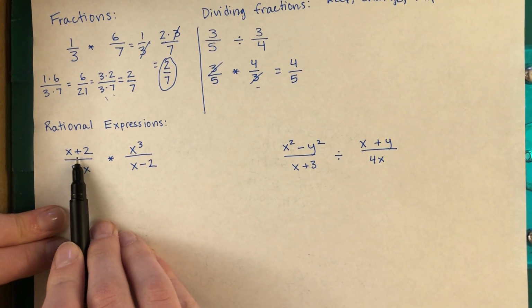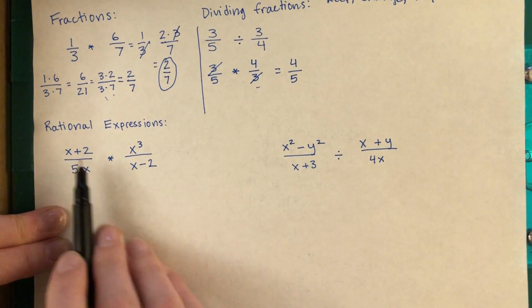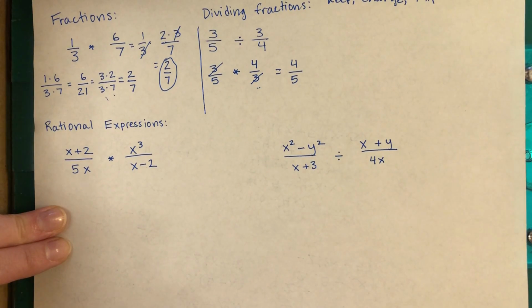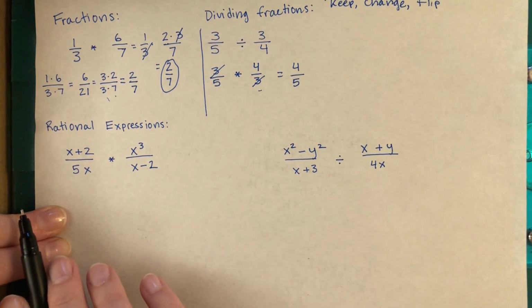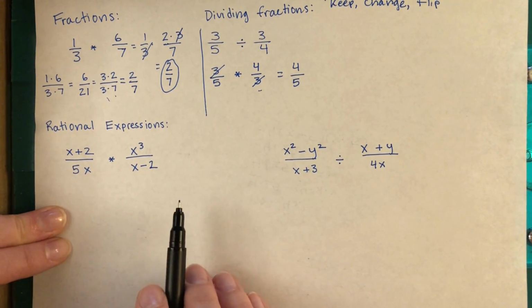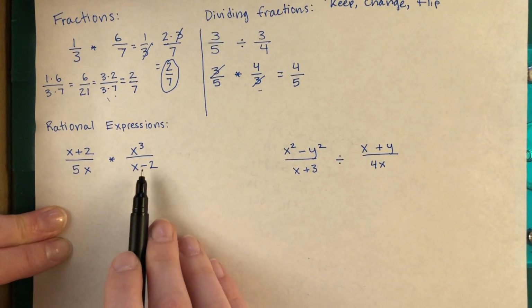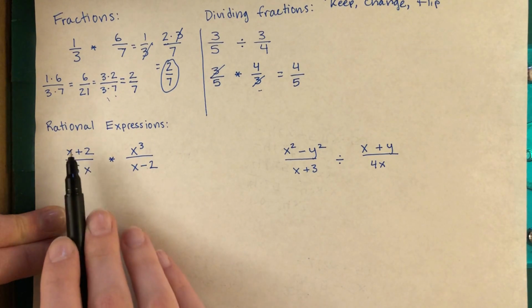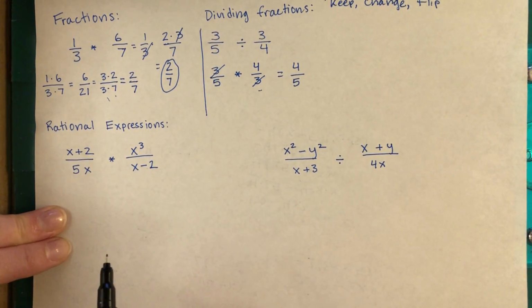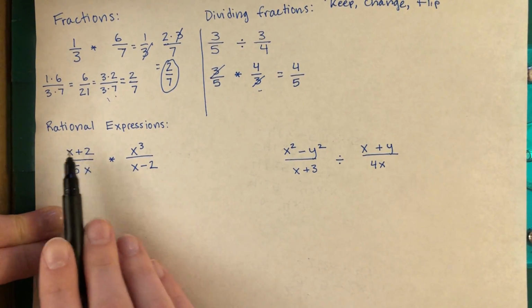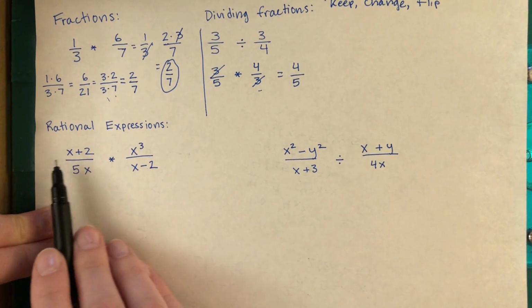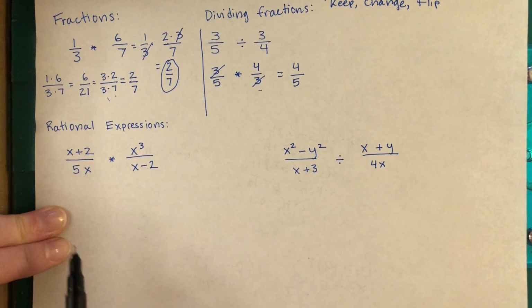Whenever I have an addition or a subtraction in the fraction, that should set off warning bells for you that you can't find any matches or cancel anything out until these addition and subtraction signs are contained in some parentheses. In this case, you could look for matches between x and 2, but these are both pretty simple terms and it's easy to see that they don't have any match.